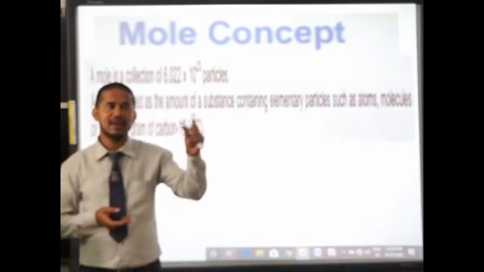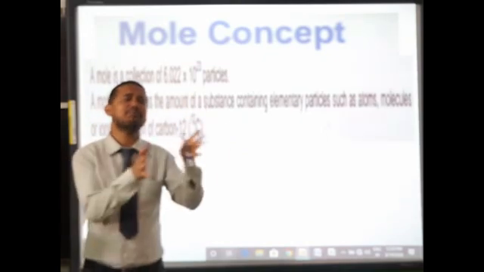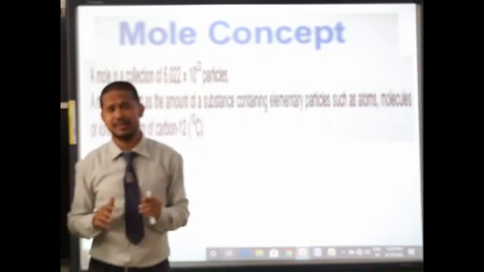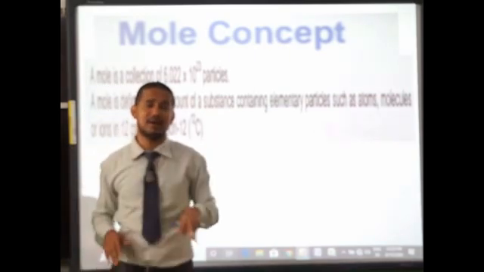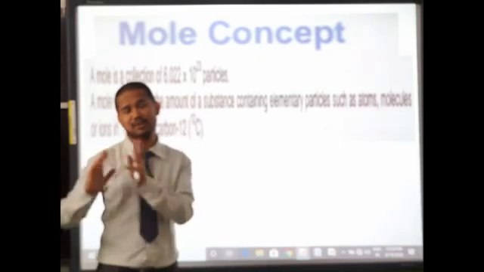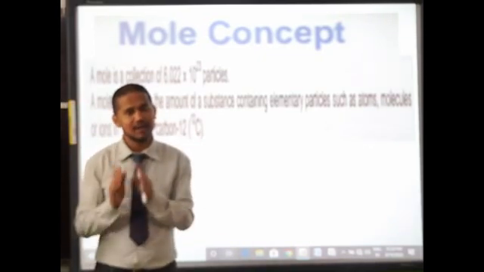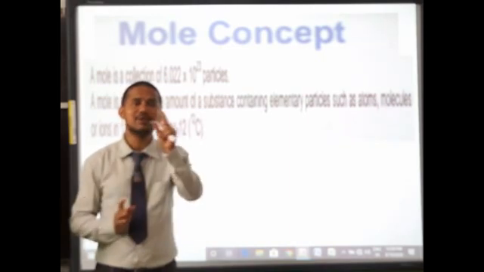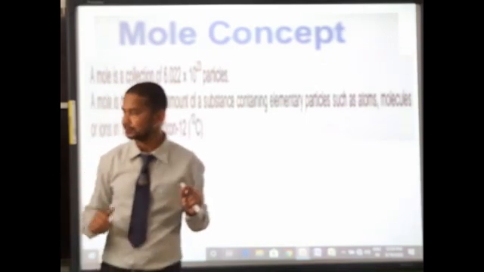If I say 1 mole of pumpkin, for example, it doesn't happen actually, mole is for smaller things, then it means 6.022 into 10 to the power 23 pumpkins. So 1 mole means 6.022 into 10 to the power 23 particles.